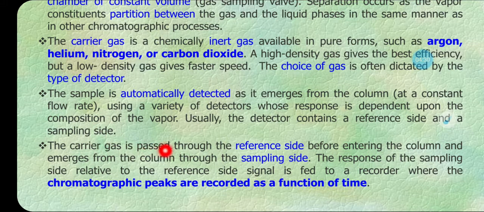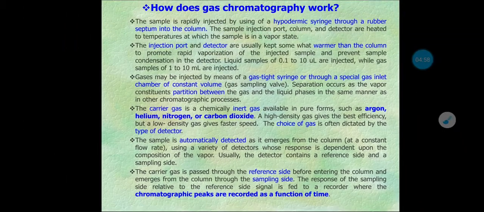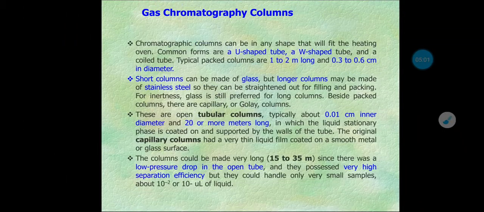The carrier gas is passed through the reference side before entering the column and emerges from the column through the sample side. The response of the sample side relative to the reference side signal is fed to the recorder, where the chromatographic peaks appear as a function of time in a chromatogram. So this is how GC works.